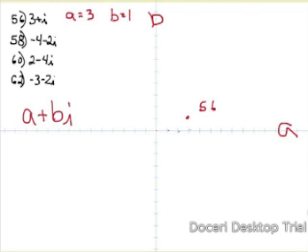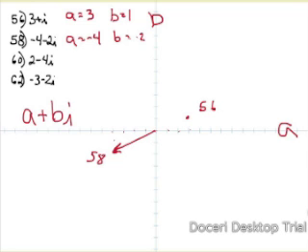The second one, your A is negative 4, your B is negative 2. So from the origin, you're going to go backwards 1, 2, 3, 4, and down 2. So your final point will be right here. And you could draw arrows here if you want, but that is number 58. You can either put a point or you can draw what's called a vector.